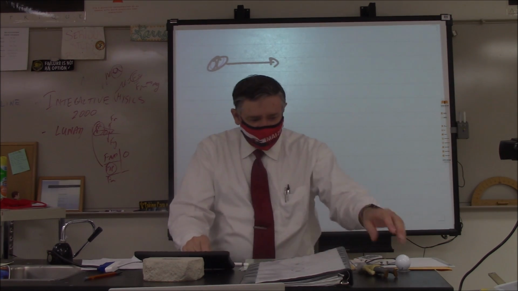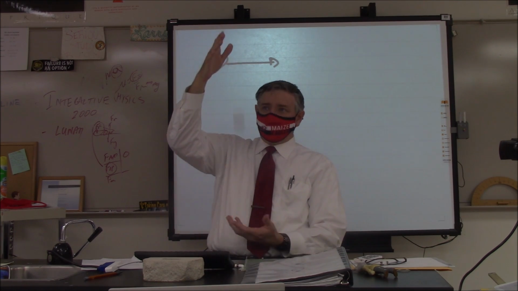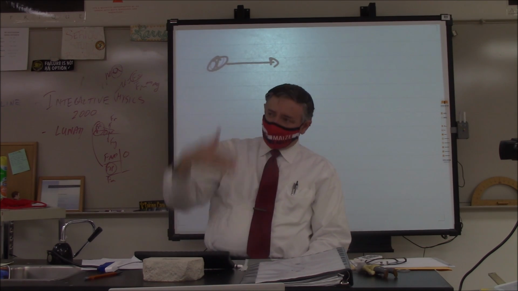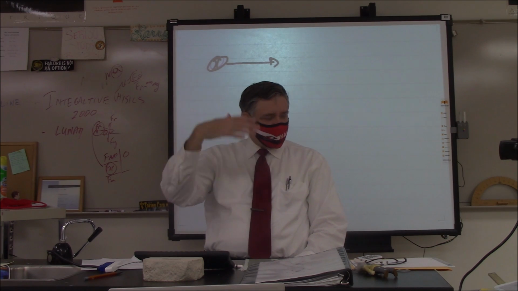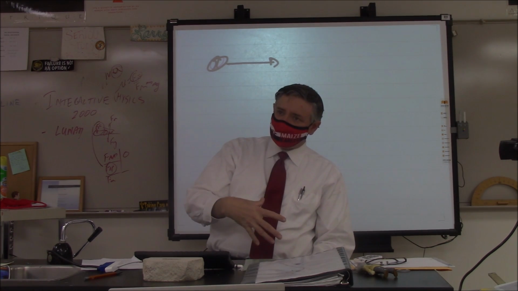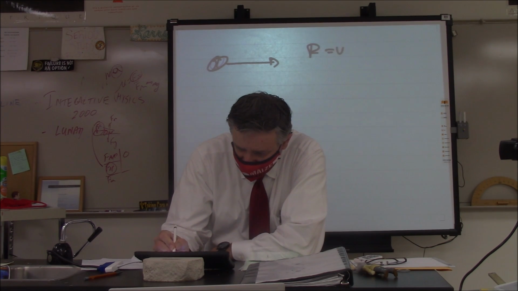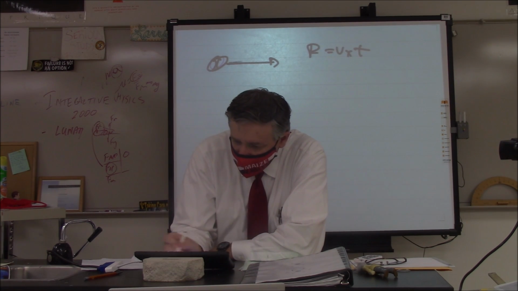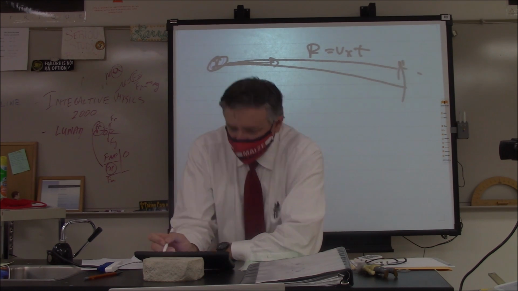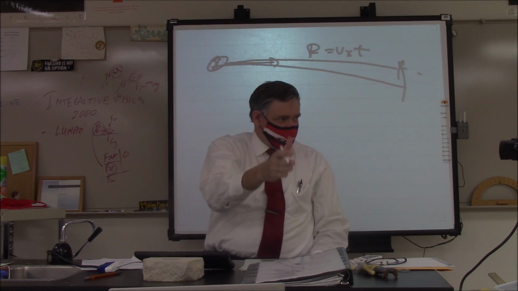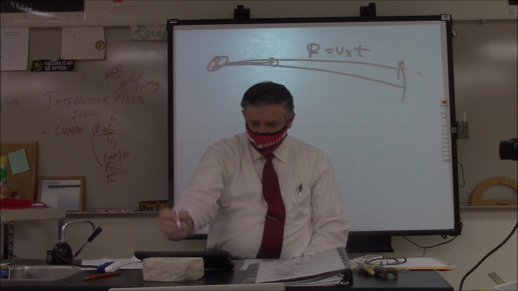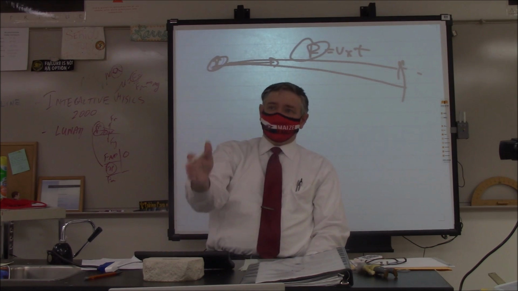The longer that ball is in the air, the farther it's going to fall, because the gravity mafia has more time to act on it. If you look at range equals Vx times time, they're both going to travel the same distance, from the pitcher to the catcher. So the range is the same.